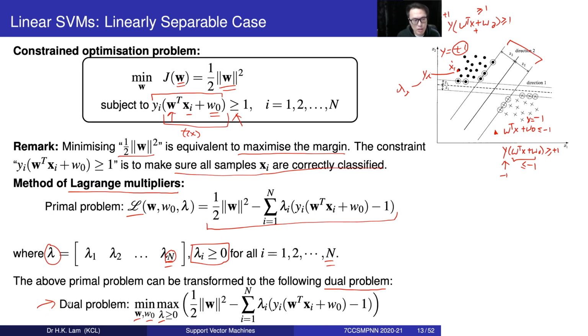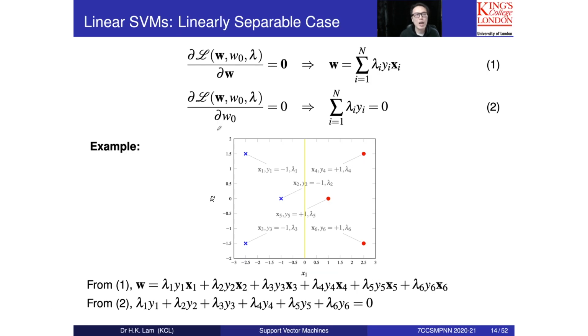To start with the dual problem, we are going to minimize this cost with respect to W and W naught. So we are going to do the partial derivative of this cost with respect to W. Note that this is a vector.